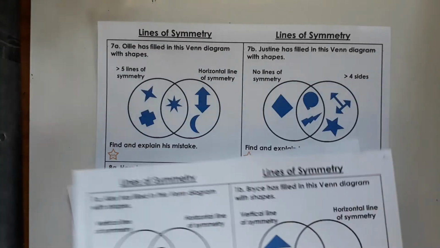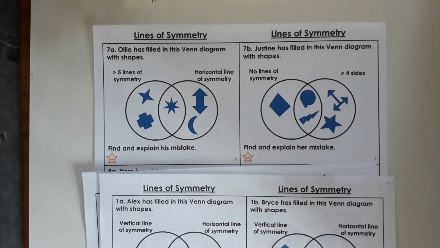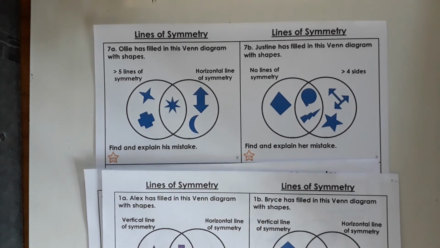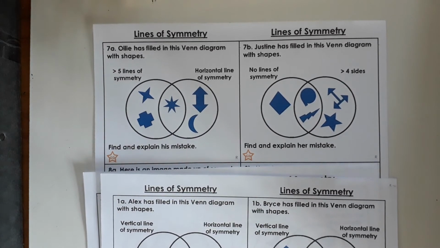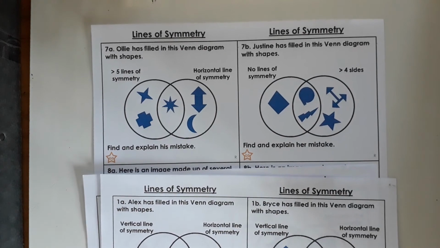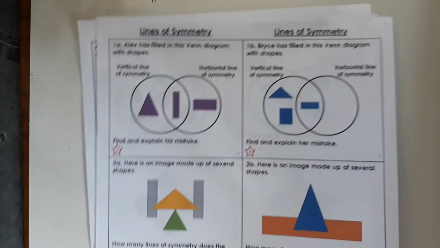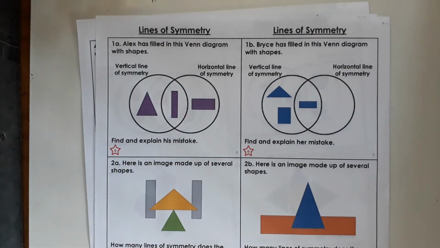It's still a Venn diagram sorting on lines of symmetry, but the properties inside each circle are different as you go up through the sheets.